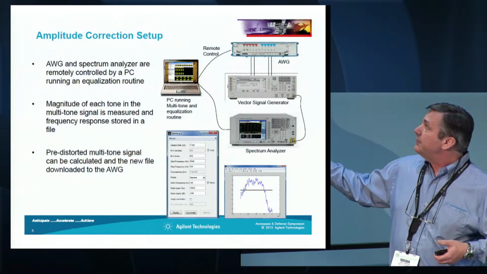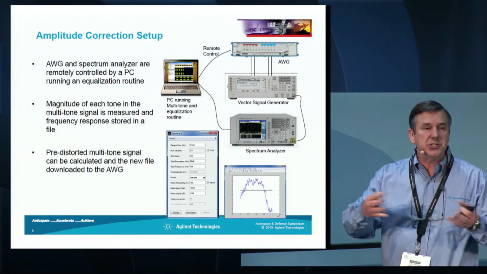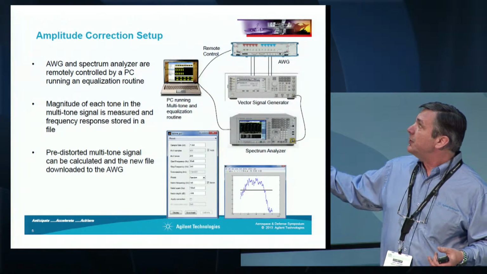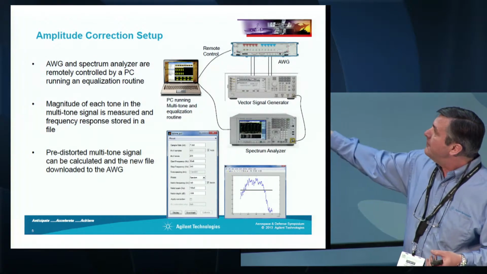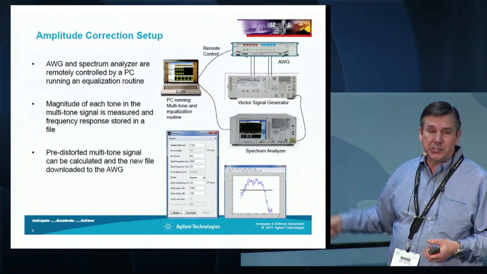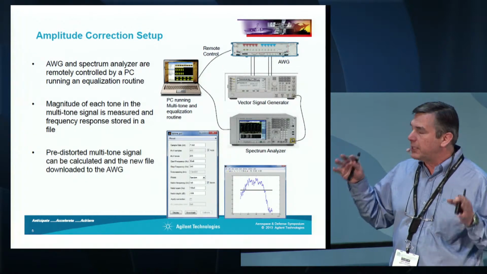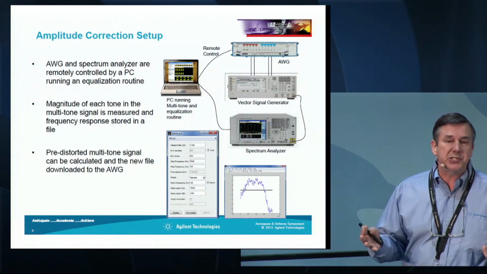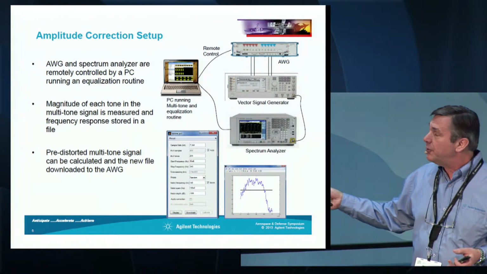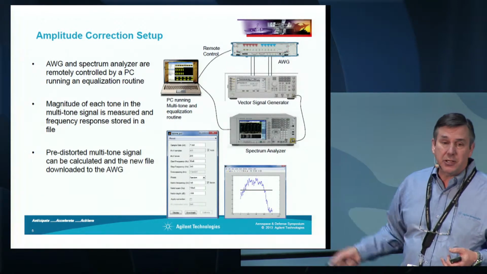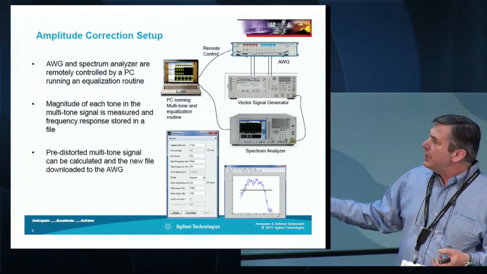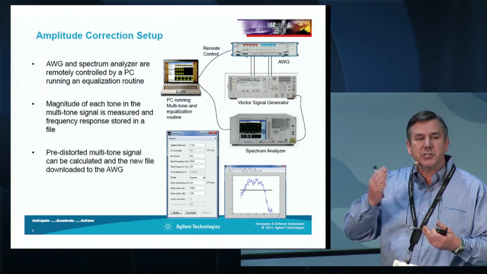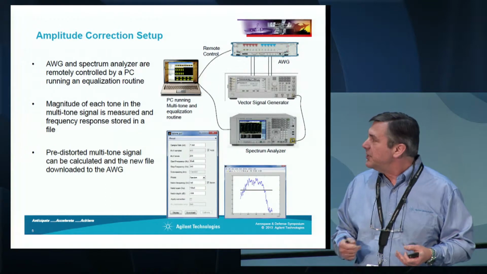Well, in what I call the classic methodology for getting rid of these, we take the IQ waveform in a digital file and load it into an arbitrary waveform generator. We can upconvert that with a signal generator that has a wideband arbitrary IQ modulator within it, and then take a spectrum analyzer or some other digitizing platform. It could be an oscilloscope. A spectrum analyzer, of course, gives us the best dynamic range, and we correct the signal. We make narrowband measurements all along the bandwidth of interest.